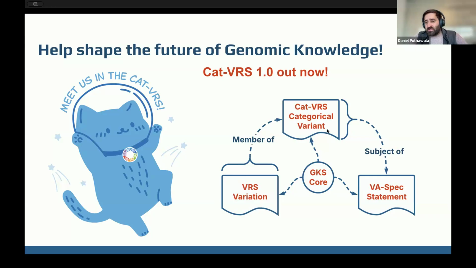And those categorical variant classes can, in turn, be taken as subjects of genomic knowledge statements in the Variant Annotation Specification. So these are all interrelated, they're all intercompatible. And once you learn one, a lot of the data model components are recycled in other standards. So the bar to learning a new one is much lower once you've already gotten one under your belt.